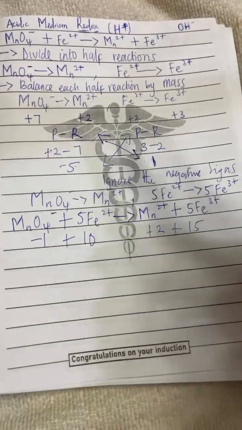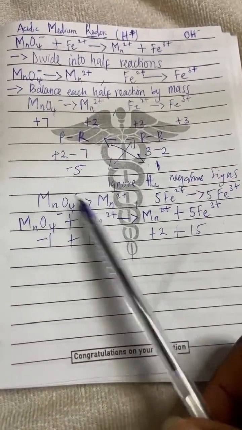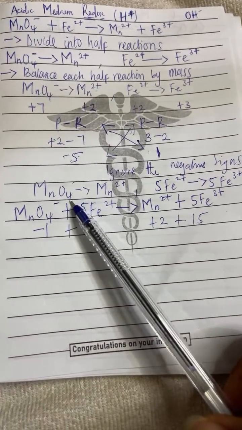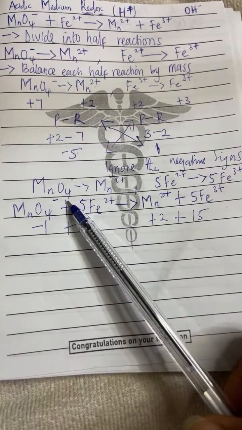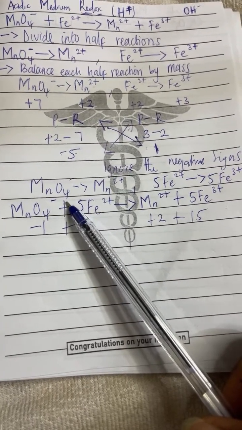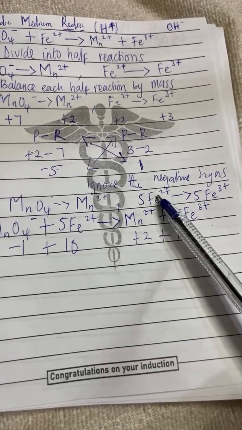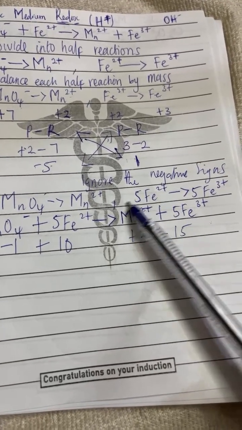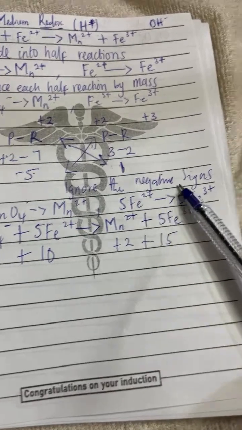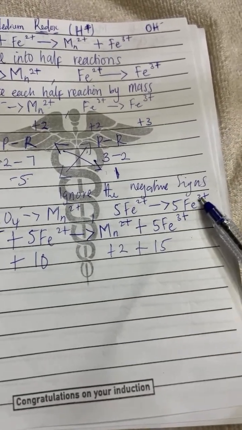So, I said next stage, how we get the 5 we added to everything. Is it the 5 that we added to this 5Fe2 plus and the 5 that we added to this 5Fe3 plus?